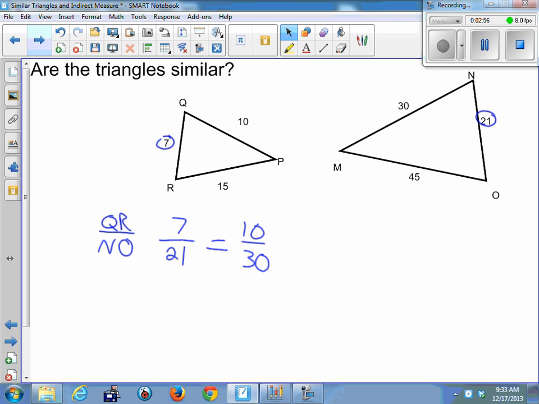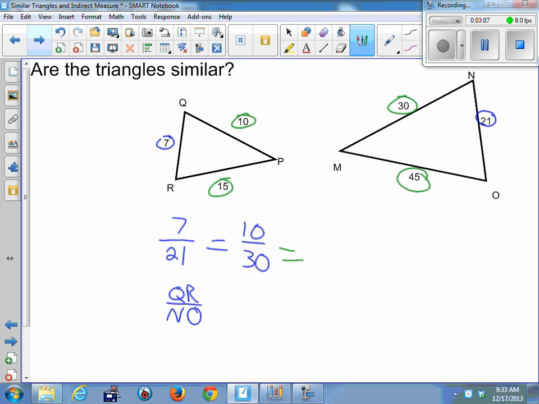Alright, so we're doing 10 over 30. And then we also have the other one, 15 over 45. If you simplify, these are all equal to 1/3. So they all have the same ratio on the sides.